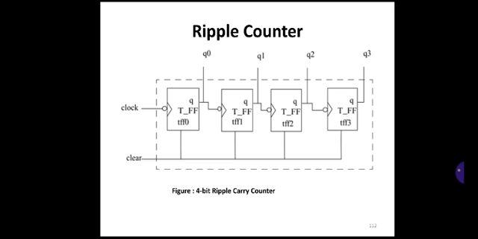In the previous gate level modeling, we have not discussed this ripple counter, whereas here we are going to discuss this additional example. We design a 4-bit ripple counter by using a negative edge triggered flip-flop.